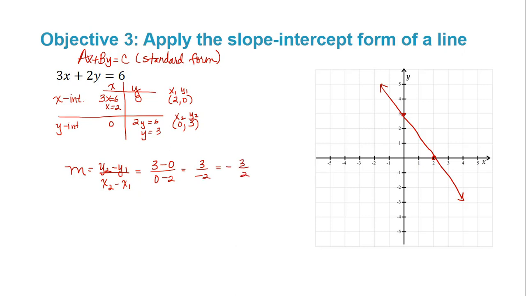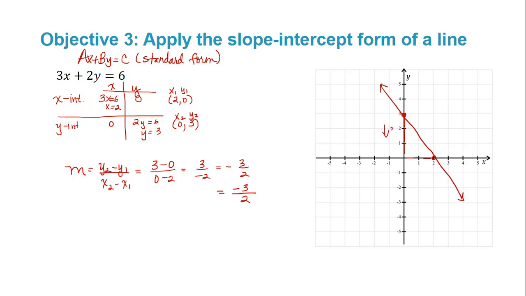Thinking about the rise and run, negative 3 halves can be the same thing as negative 3 divided by 2. Remember, the slope indicates some movement between two points on a line. If we start at (0, 3) to get to (2, 0), we would have to go down 3 and right 2.